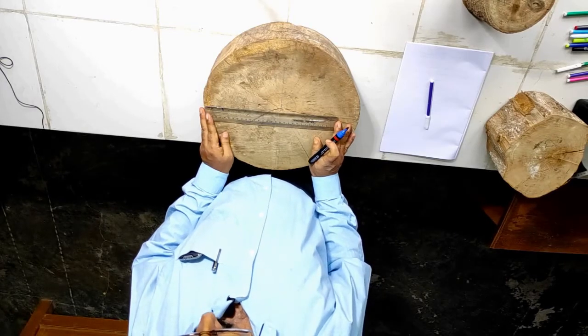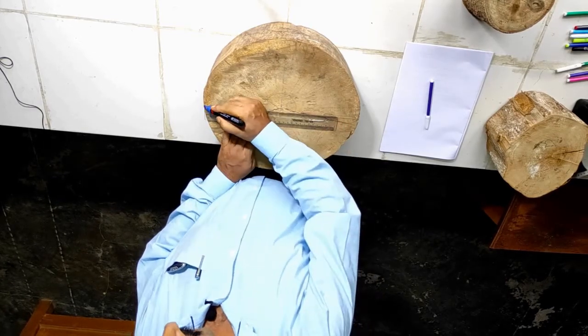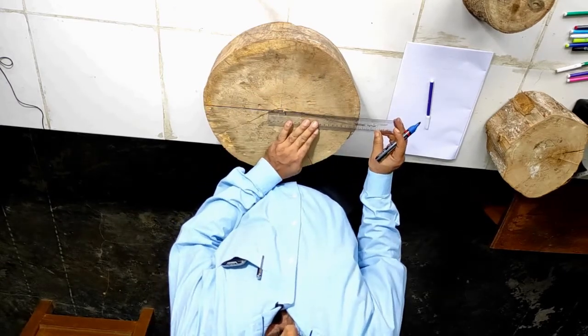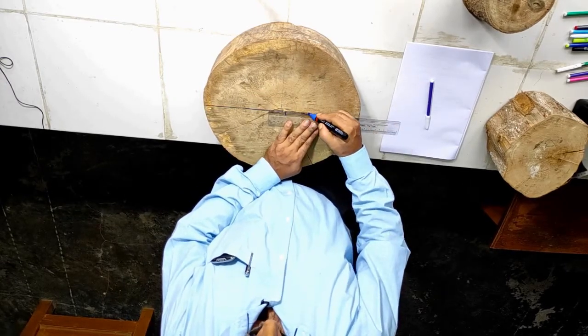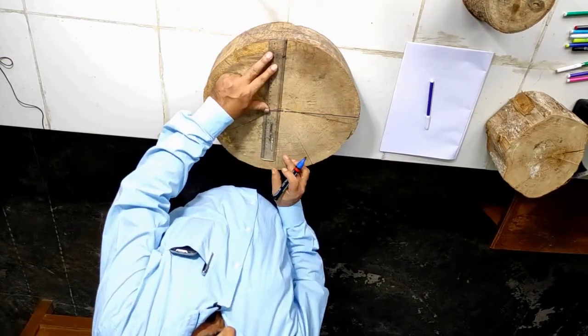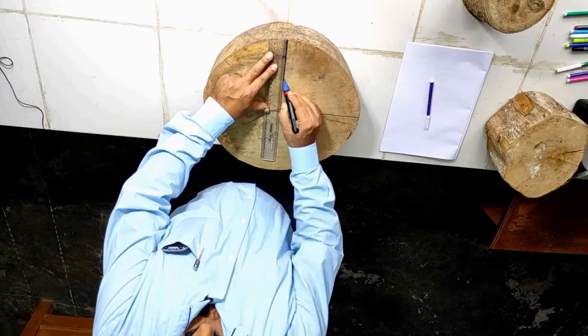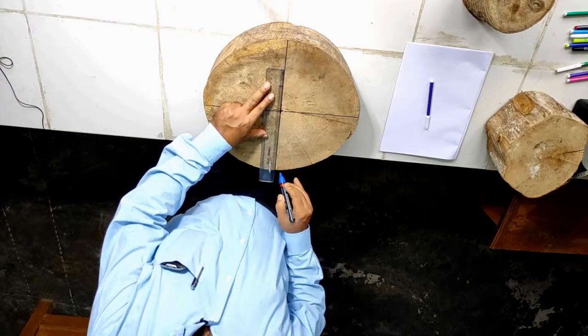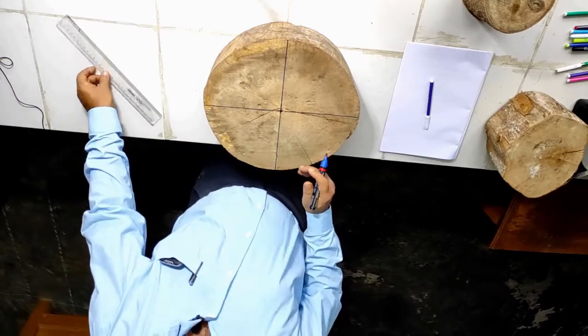We'll mark the two diameters. Let's mark one here, the center. This may be the major axis, and exactly perpendicular, this may be the minor axis.